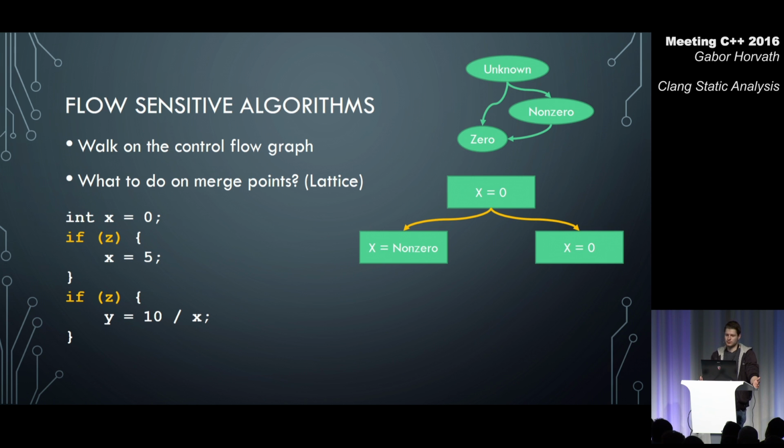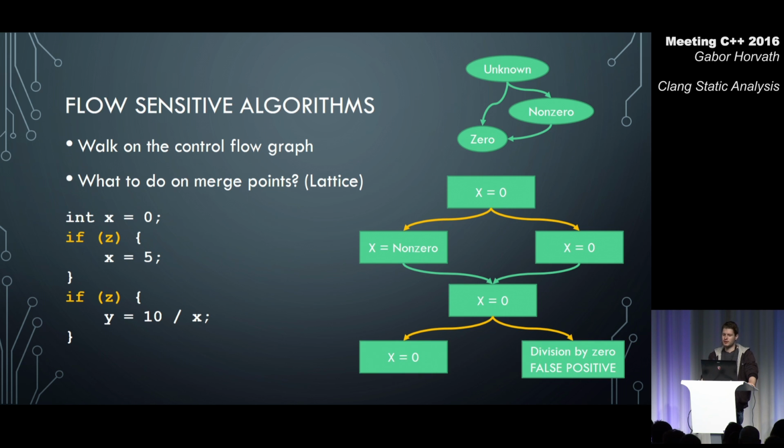lattice. So depending on what kind of analysis we are interested in, we can define the rules for what to do at merge points. In this case, we would like to get the minimal element at each merge point. So we will conclude that when these two paths merge, then the value of x might be 0.